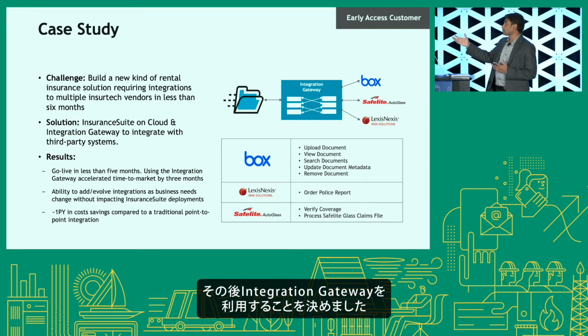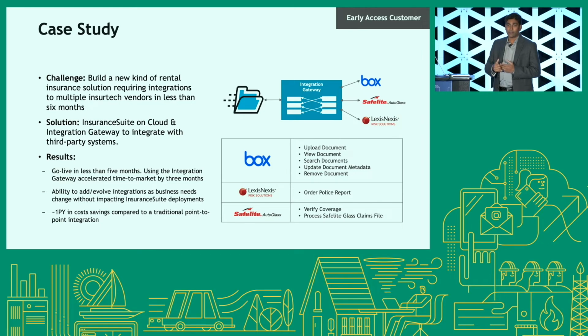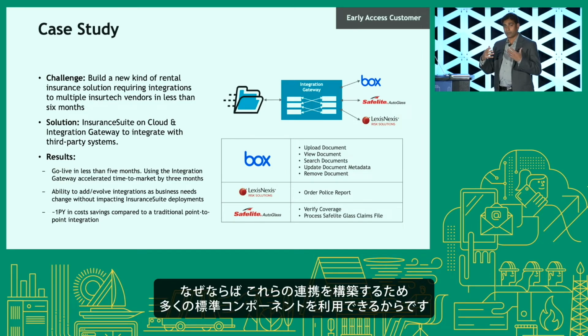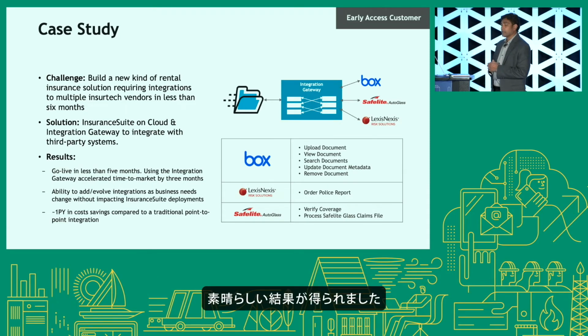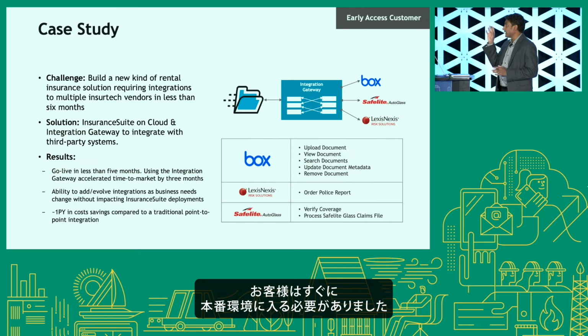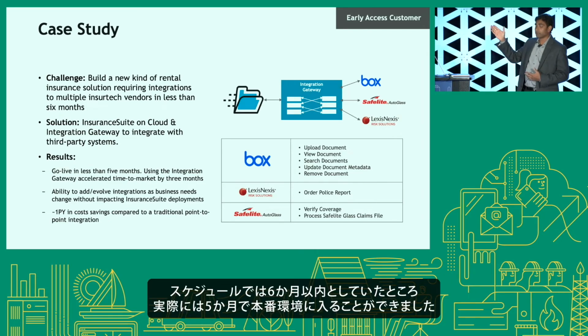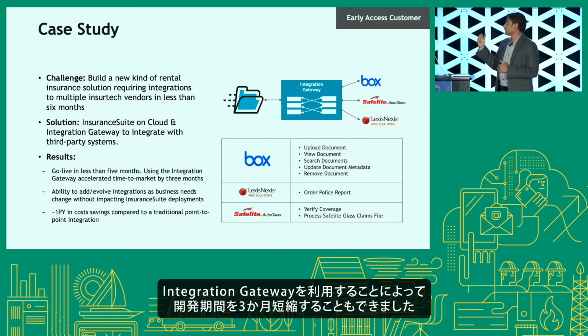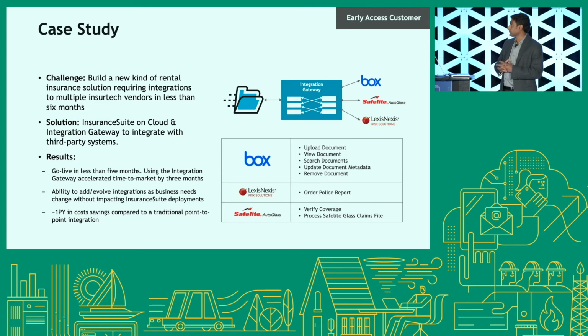Then they chose integration gateway because of the out-of-box componentry to build these integrations. The results were fantastic. The constraint was to go live soon, and they went live in 5 months where the timeline was 6 months. Using integration gateway accelerated the development by 3 months as opposed to point-to-point integrations.